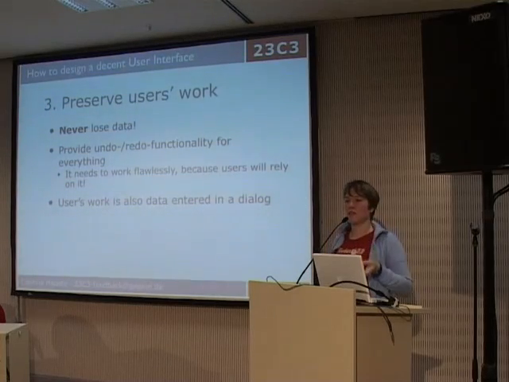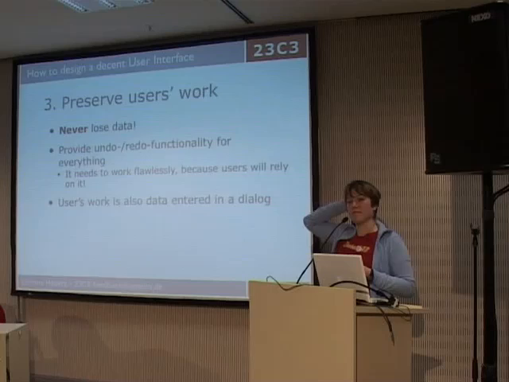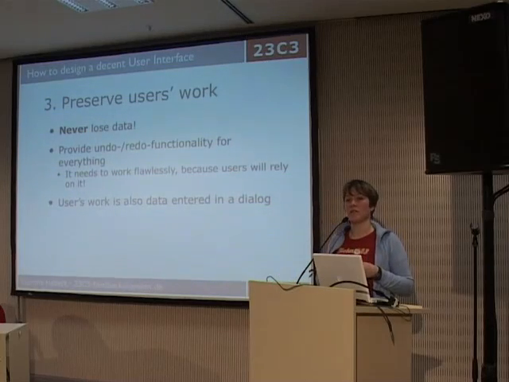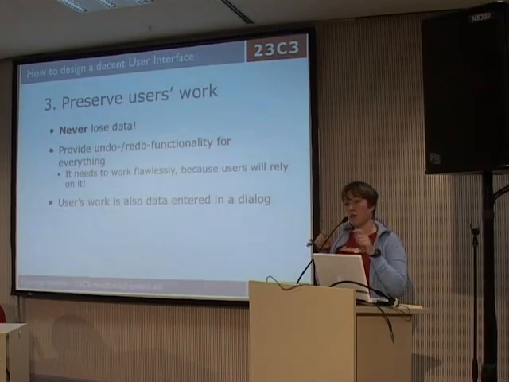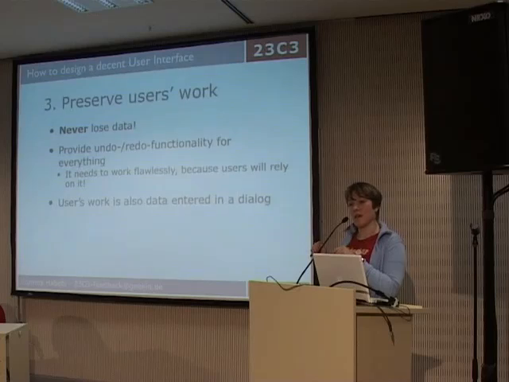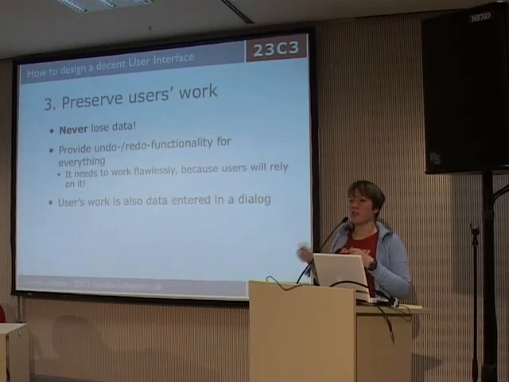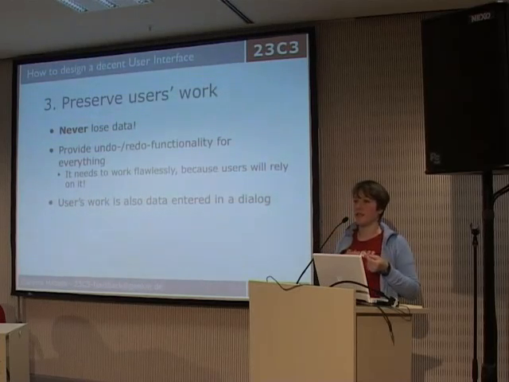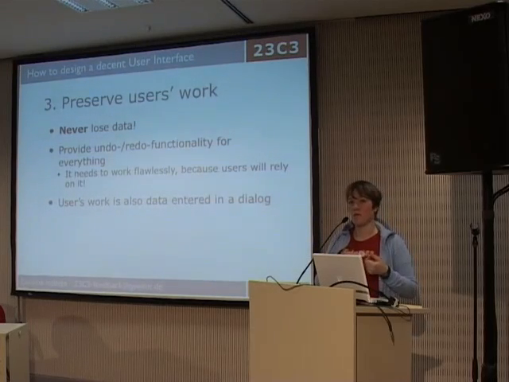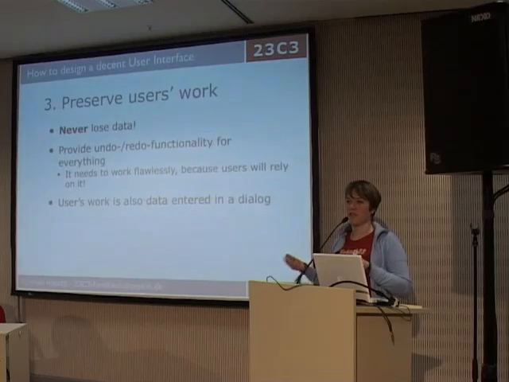And users' work is also data that is entered in a dialogue. For example, Amazon. I wanted to get a book, and I entered my address, and then my bank account, and then I decided to change the address. I wanted to deliver to a different address, so I went back to change the address, and I had to fill in my bank account again.